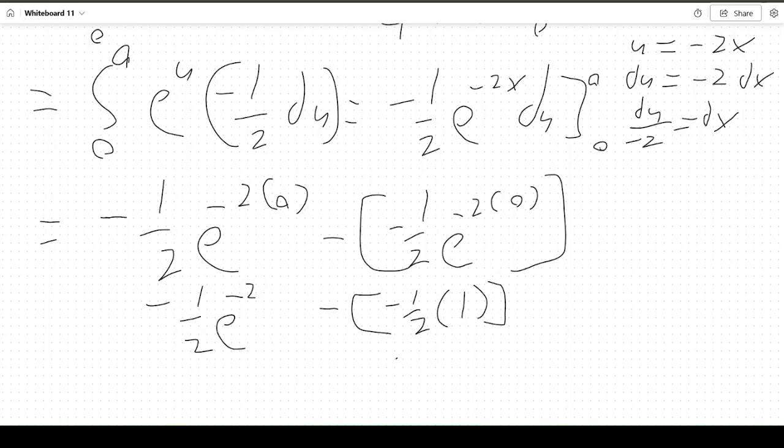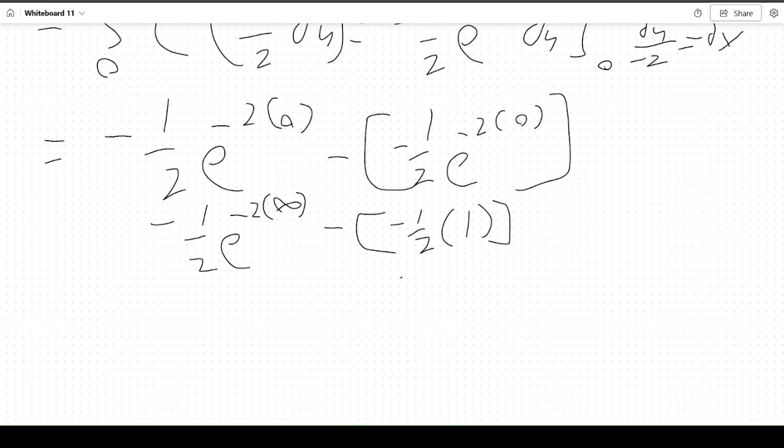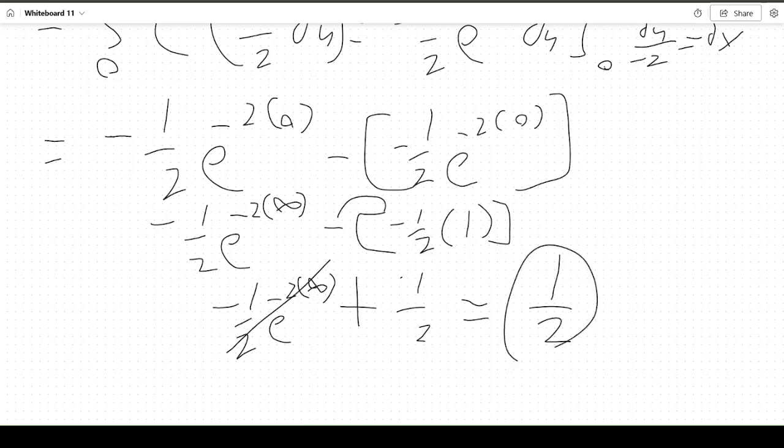We can plug in infinity here. Negative times a negative would be positive, so this would be plus 1/2. e to the power negative 2 to infinity, we can't really do that, so we would have to cross it out. And we are just left with 1/2. And 1/2 is a finite number, so this would be convergent.